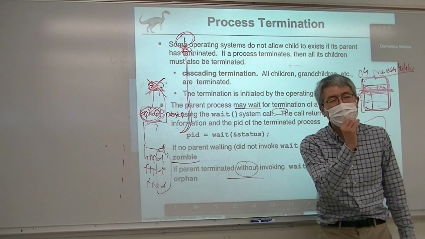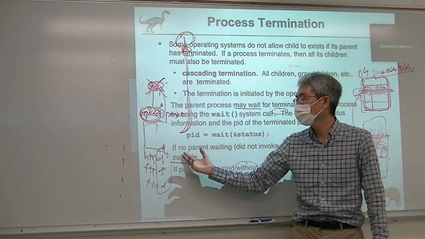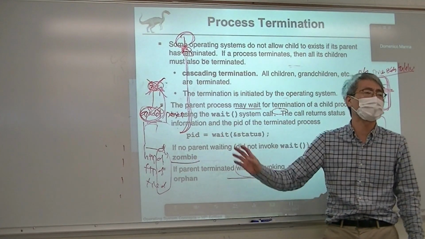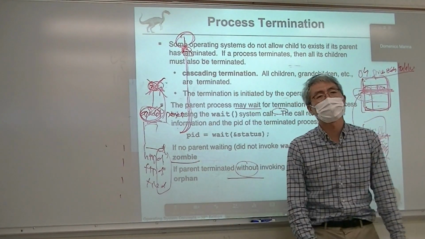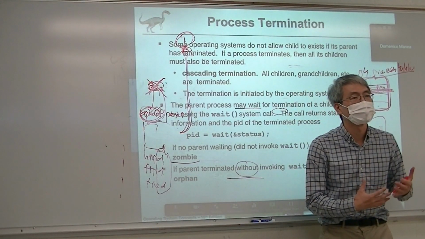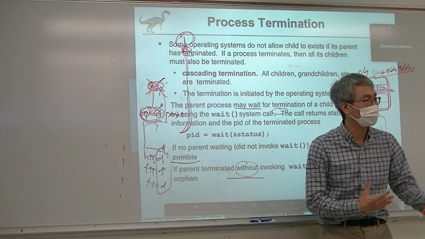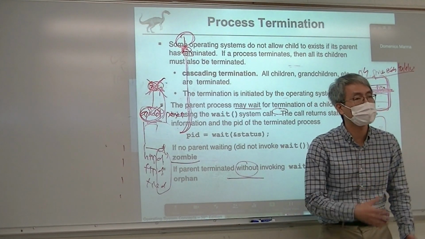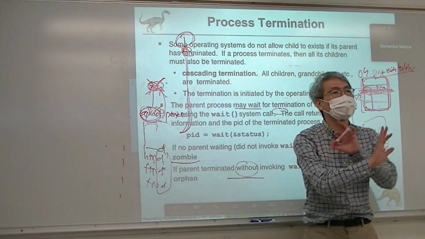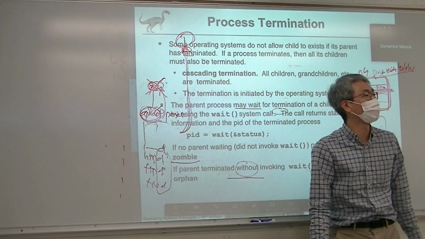It always happens. Even if you see a zombie process on the process list, it's okay because it doesn't have any resource. But an orphan keeps the resource, so you need to do something like kill the process forcefully. A daemon process is totally fine. It's a normal process.